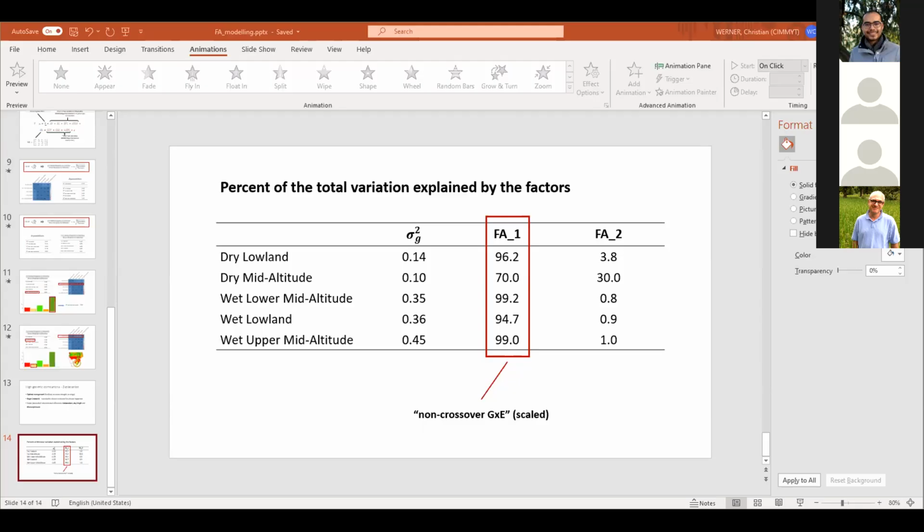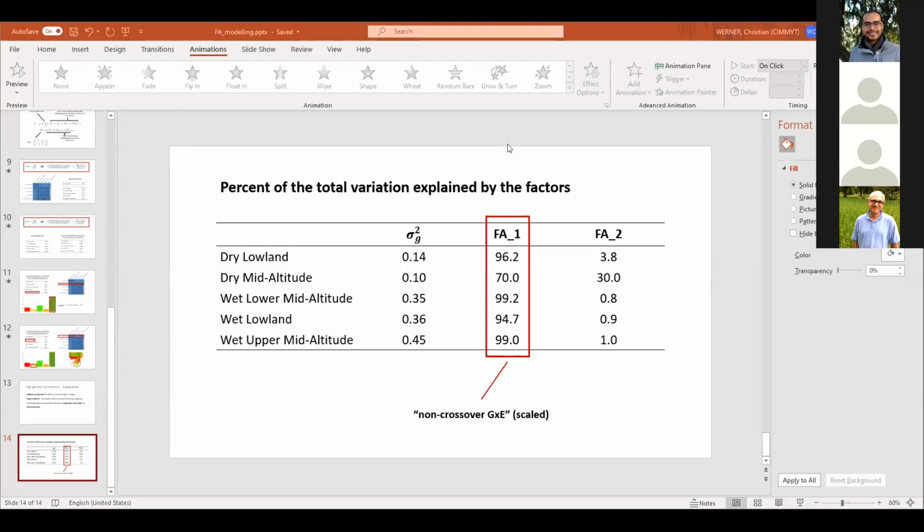So my question is for Christian, just to see the data source used. Is this the same material which is evaluated across the 5 mega environments? Because I thought at least for some of the mega environments, the hybrids differ by maturity, for dry lowland and wet lowland.